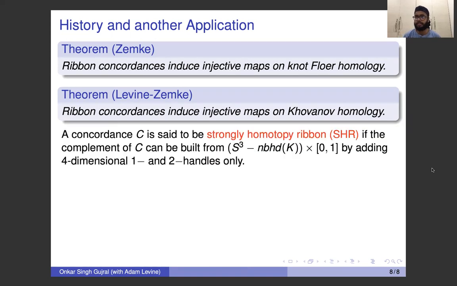Now we'll describe a generalization of a ribbon concordance. So we say a concordance C is strongly homotopy ribbon if the complement of C can be built from S3 minus the neighborhood of K times the interval by adding 4-dimensional 1 and 2 handles only.